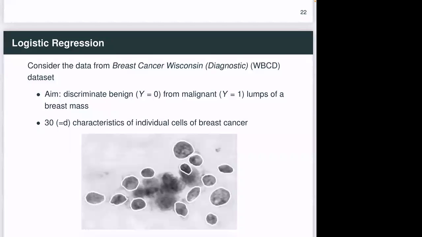We try to discriminate benign, where our outcome is 0, from malignant, where the outcome is equal to 1, from lumps of a breast mass. We have pictures, and from these images they collect 30 characteristics, so 30 features from each patient. Make sense? Let me know if you have any trouble with the data.